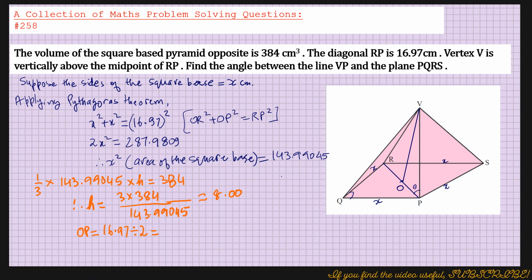So the height is OV, and we know what OV is. OP would be RP divided by 2 because O is the midpoint, and please note this is also a right angle.